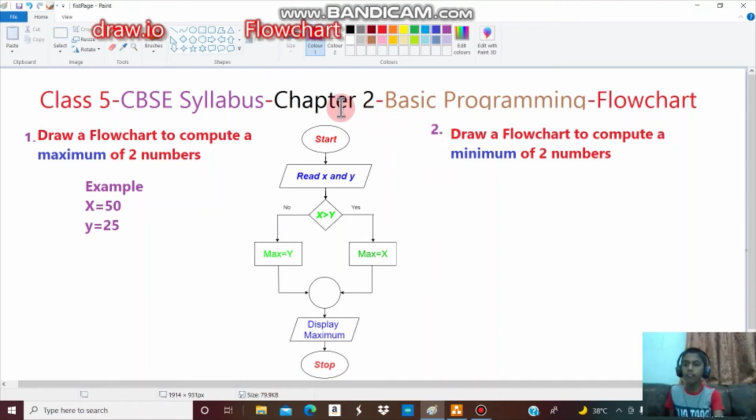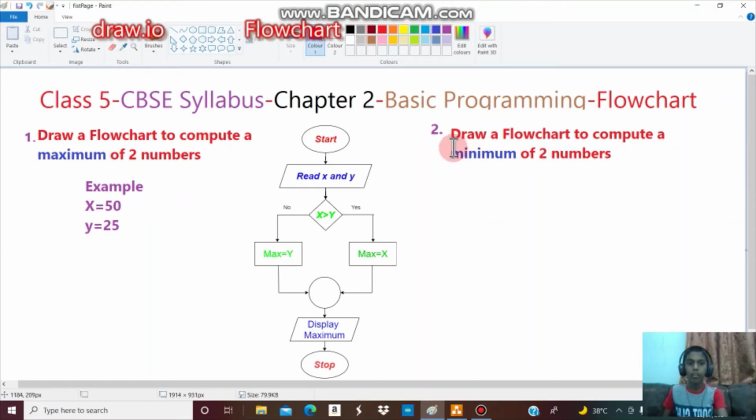We are looking at a program where we have to draw the flowchart to compute, meaning calculate, a maximum of 2 numbers. That is the first step. For the second step, we are using the same example.